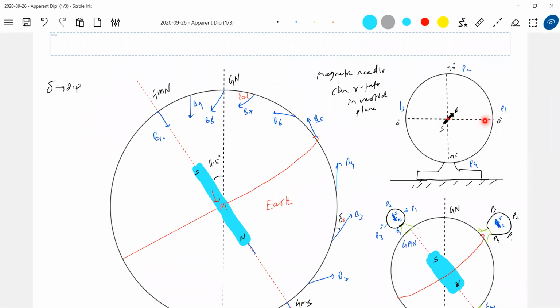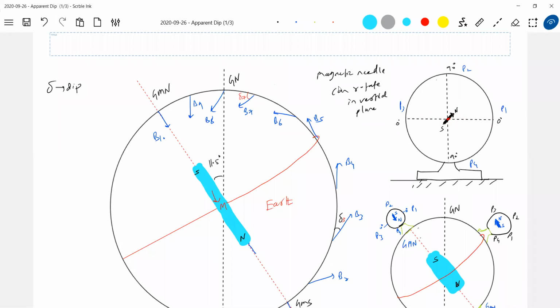Then the magnetic and geometric axes of the needle are different, meaning the line joining the north and south pole and the center of mass may not lie at the same point. Also, the center of mass of the needle does not coincide with the pivot. The center of mass should be exactly at the pivot, at the origin, but it may not happen. So there are several causes.